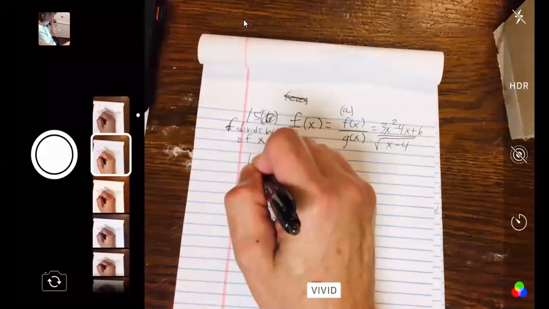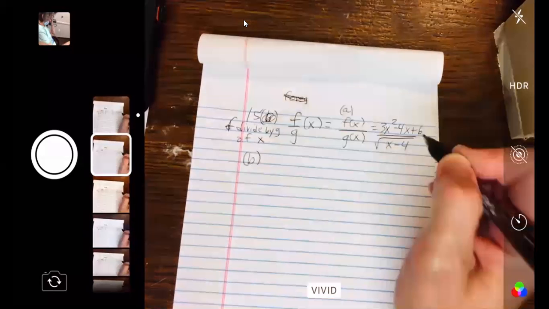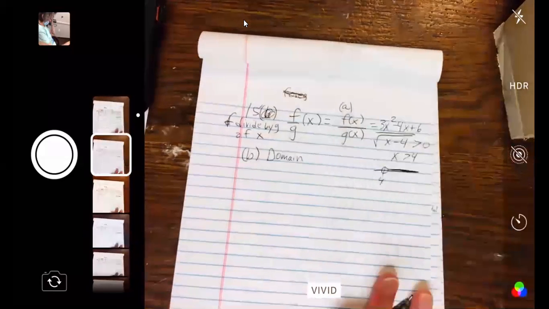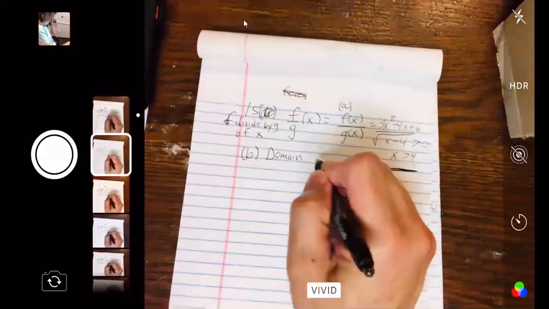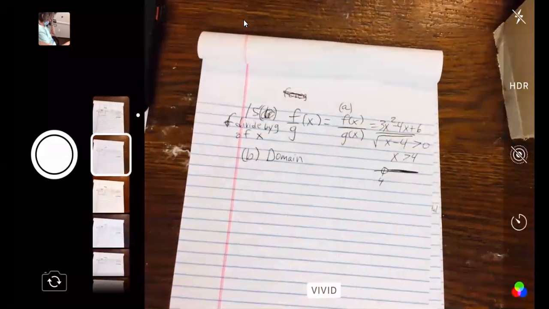Yeah. And so with the domain, since I'm trying to find the points, all you got to do is, on the line, you'd go 4, open circle, greater than is this direction. There's no numbers to plug in. Oh, so it's just 4 and positive infinity?